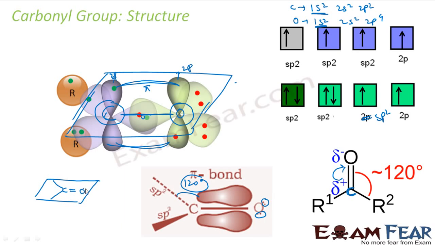And this is a double bond. They have two lone pairs of electrons, and you can have any R here. And this angle is 120 degrees. So this is the structure of the carbonyl group. It's all in a single plane.